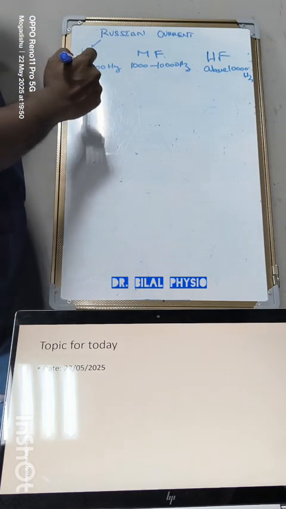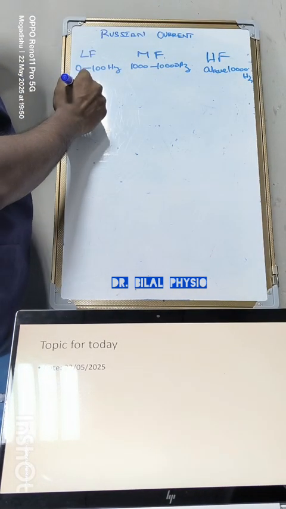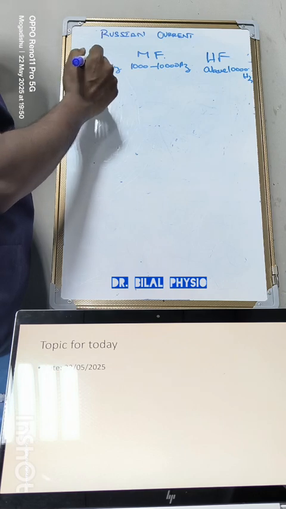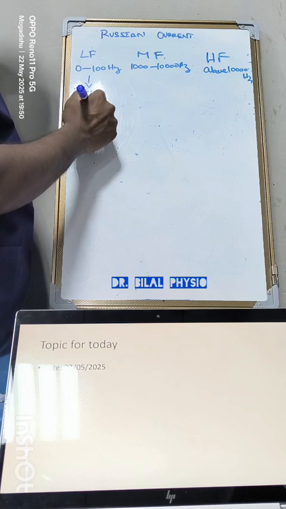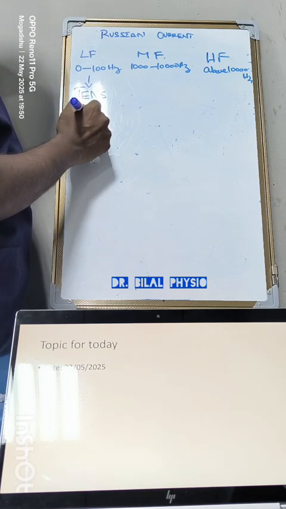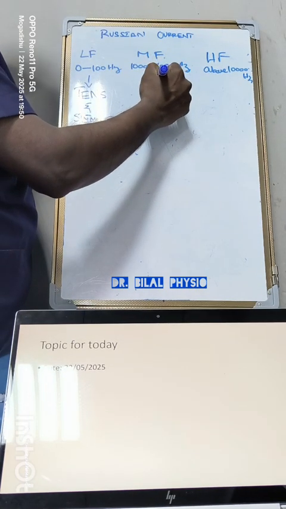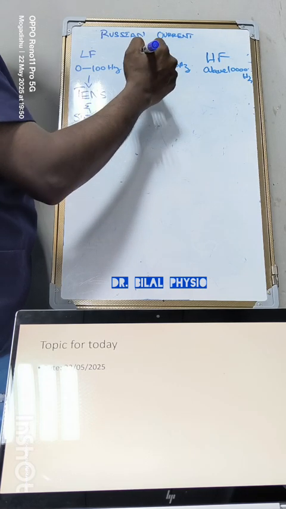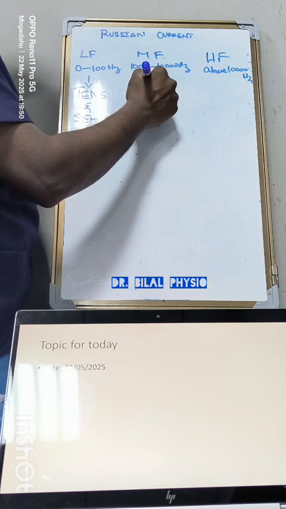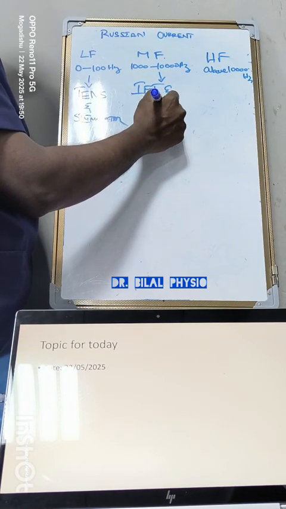What are the modalities which come under the low frequency in our clinical setup? TENS and stimulators. The electrotherapeutic modalities which come under the medium frequency are interferential therapy and Russian current.